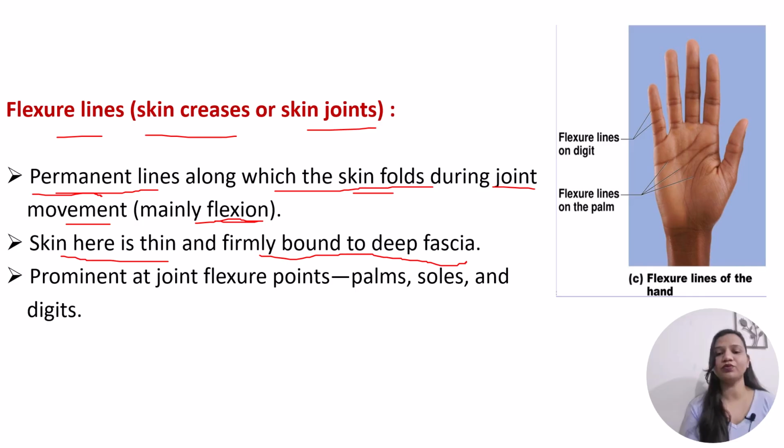These lines are prominent at joint flexure points such as palms, soles and digits. As you can appreciate in this picture, the lines present on the digits are also flexure lines. These are all the flexure lines, and these are permanent lines.